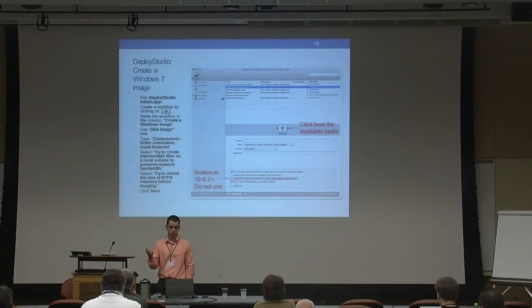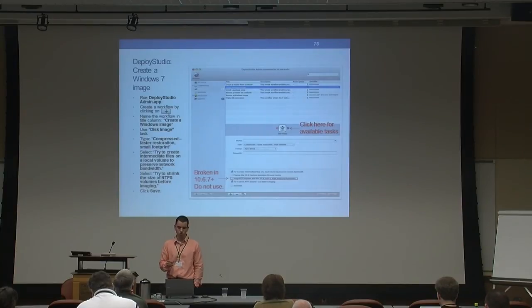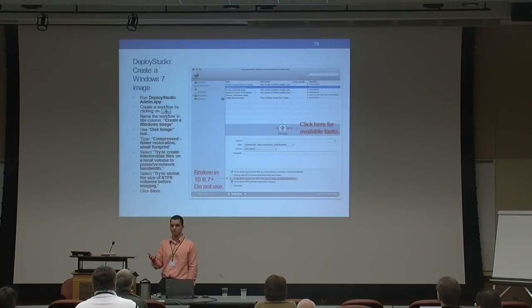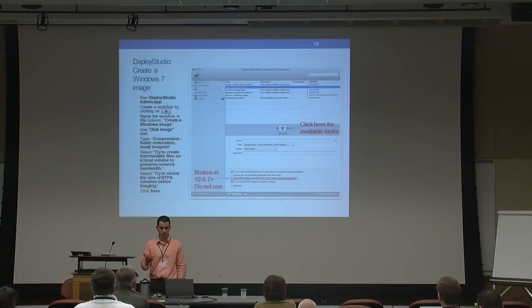You can leave source blank, type compressed, format auto detect, and then at least for now, and I don't know if it's ever going to change, you want to make sure you uncheck image NTFS volumes with the Mac OS tools for multicast deployment, because I think starting with 10.6.7, that sort of broke, and it hasn't really been fixed, and I don't think they're going to fix it.